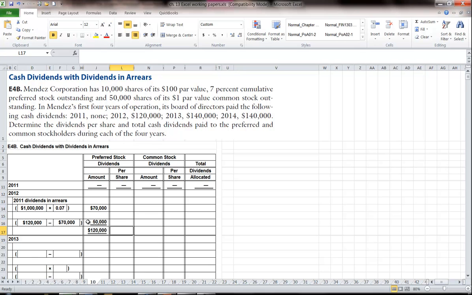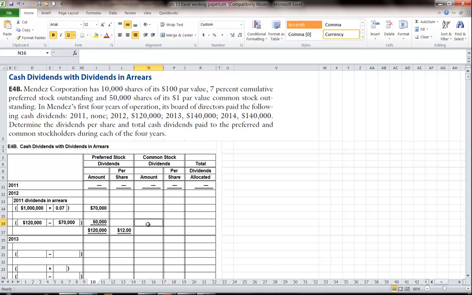Keep in mind for 2012 they should have got $70,000, so we're still going to have to pay that $20,000 difference. Then we're going to calculate our per share amount. So that $120,000 is the total amount paid out. So if you have 1 share of stock, how much would you get? Well, we take the $120,000 total payout divided by the 10,000 shares that are outstanding, which leaves us $12 per share.